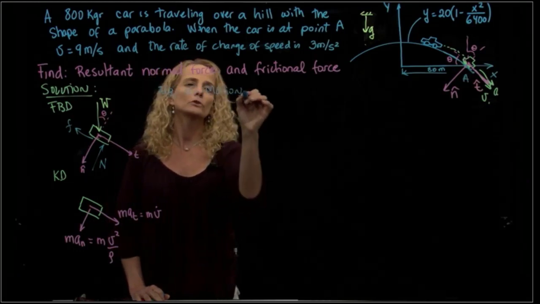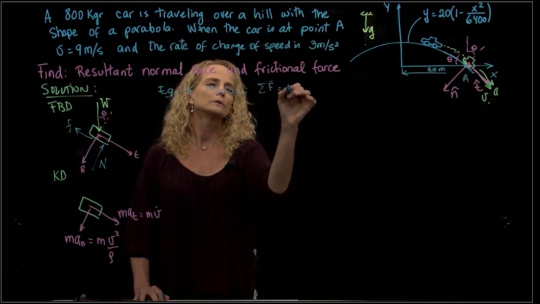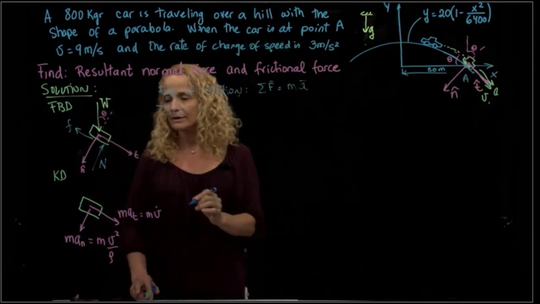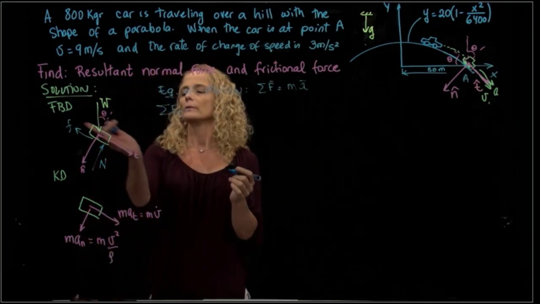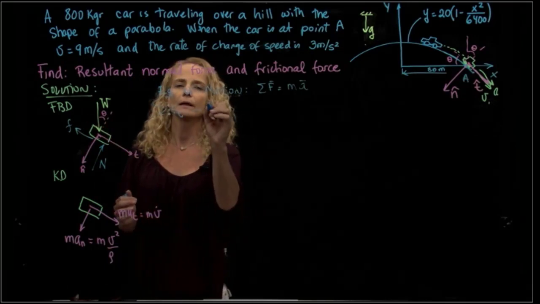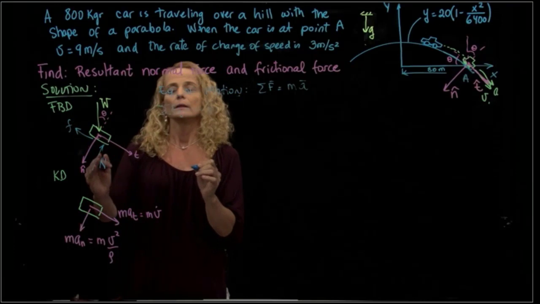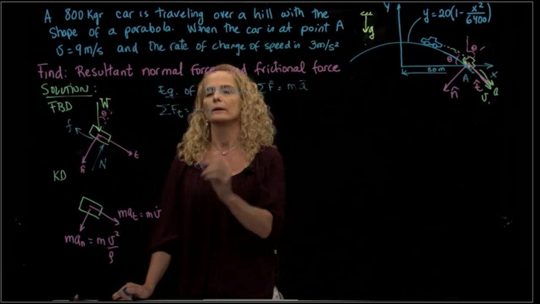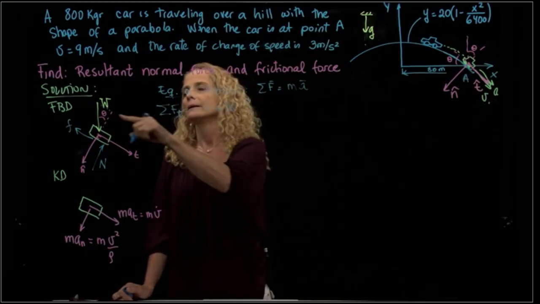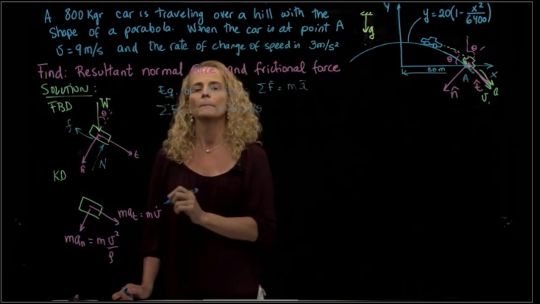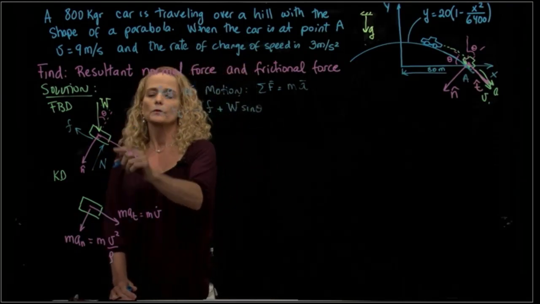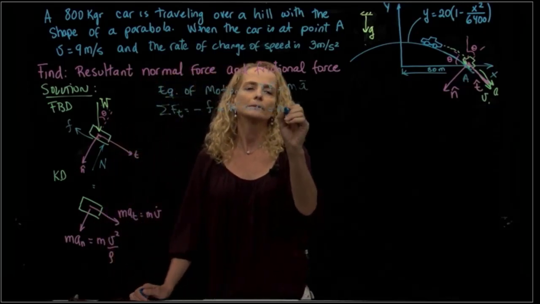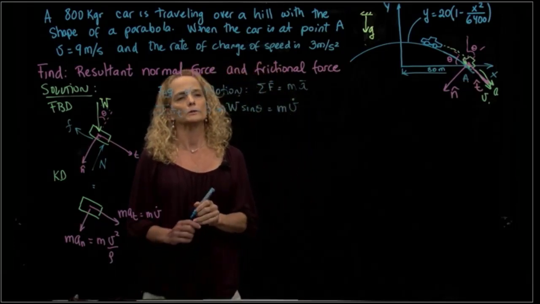Our equations of motion: force equals mass times acceleration. So we add our forces in the tangent direction, and which forces do we have? We see that this is negative the frictional force, the normal is perpendicular, and the component of the weight in that direction, plus the weight times sine of theta. Those are my external forces, and they equal the forces in my kinetic diagram, which is mass times the rate of change of the velocity.